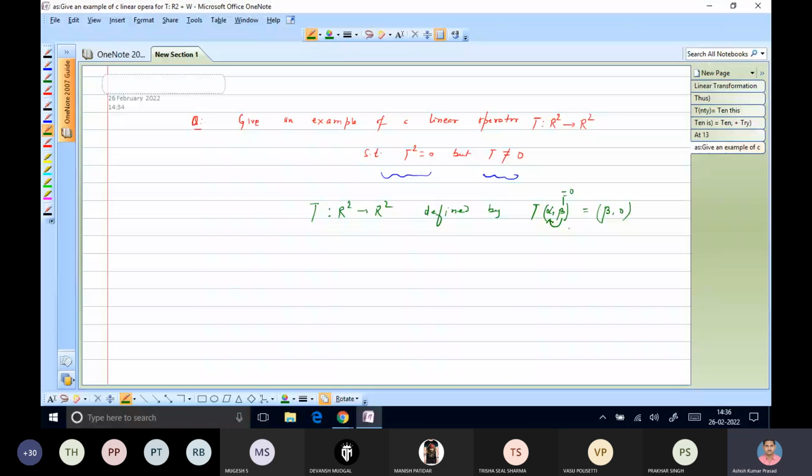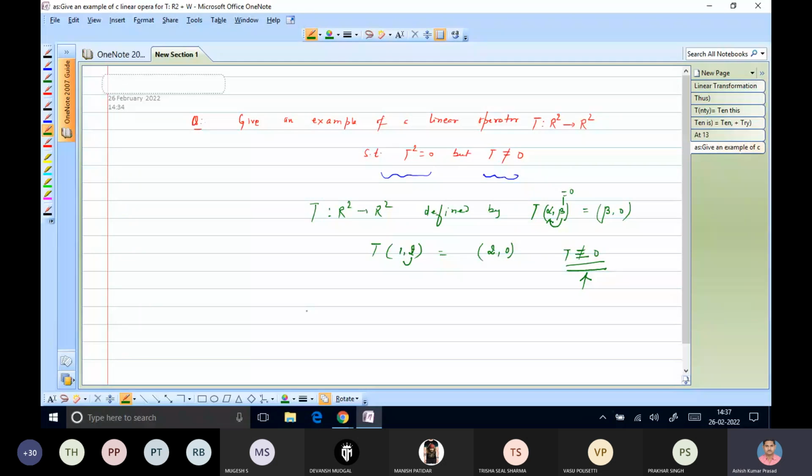So you can see here that T is not 0. If I say T of 1 2, then 2 comes in the first position and second coordinate 0. So T is not 0, right? T and 0 are, actually we say, not equivalent. Better word is equivalent. T is not equivalent to linear transformation 0.